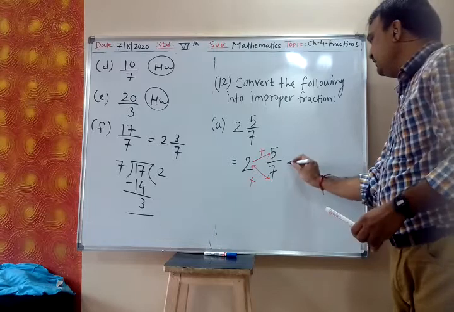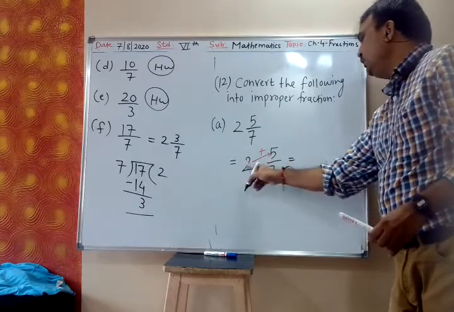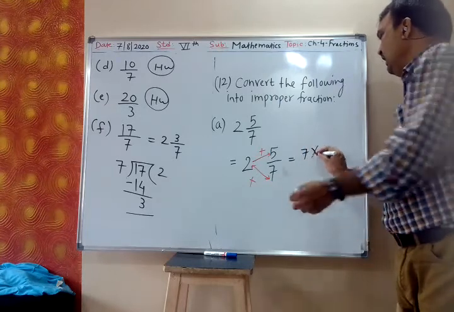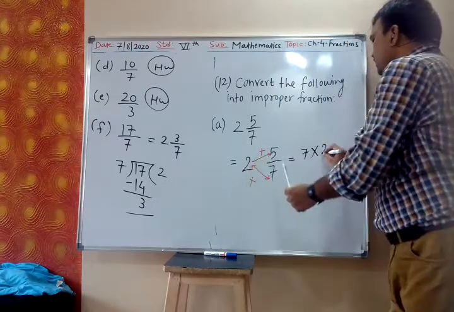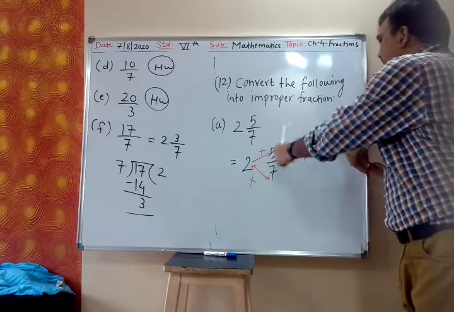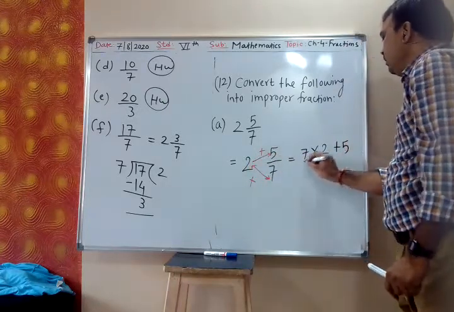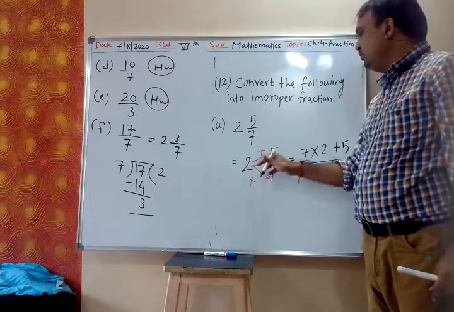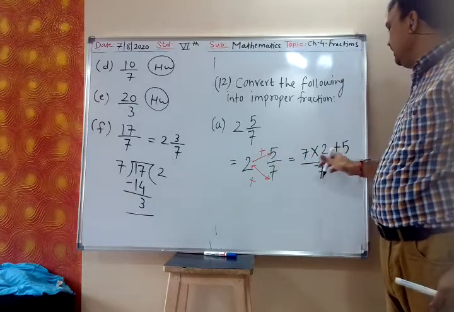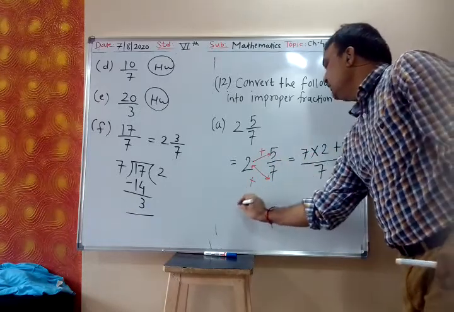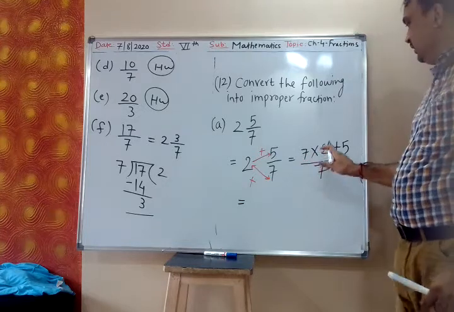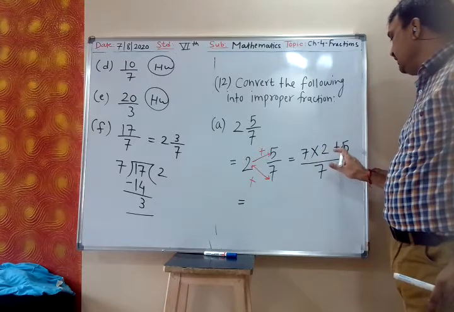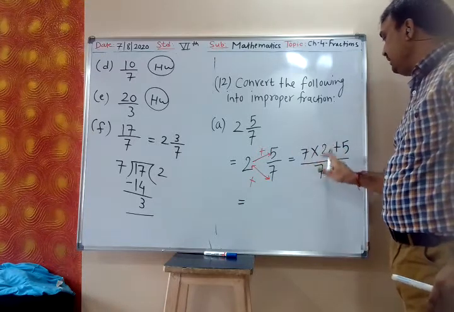So this we write as 7 into 2 plus 5, whole divided by 7. So 7 into 2 plus 5 in the numerator, divided by 7. First you have to multiply. You cannot add 2 and 5 first.